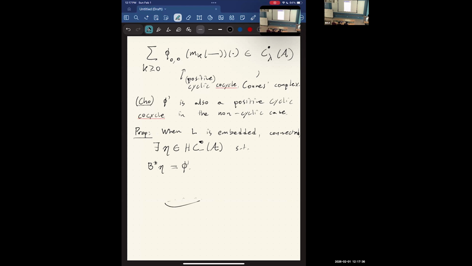If we assume that we're in the cyclic case, roughly the way you should think of this is that you want to take disks with an arbitrary number of boundary marked points, and you want to think of all of these as inputs. If you do this in the Calabi-Yau threefold setting, you would get something which takes in differential one forms and then assigns to it the number of such curves.